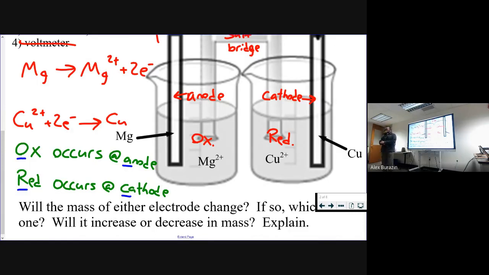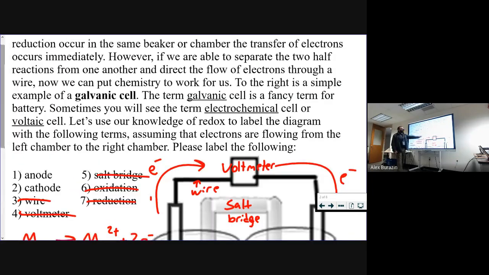Anyway, so let's keep going here. We were in 9.7 last week Thursday, and I introduced what's known as a galvanic cell. A galvanic cell is a battery. There's multiple names for this, and I did point these out last week. Sometimes they use the word galvanic, sometimes electrochemical, and sometimes voltaic.